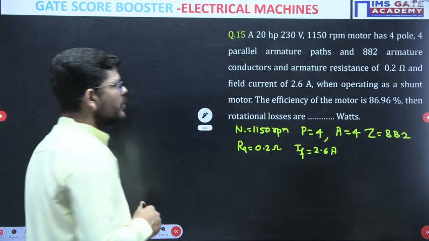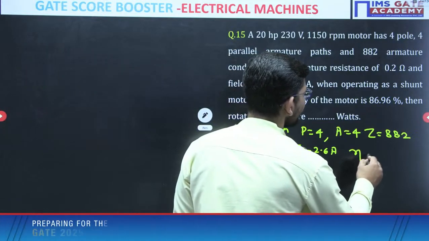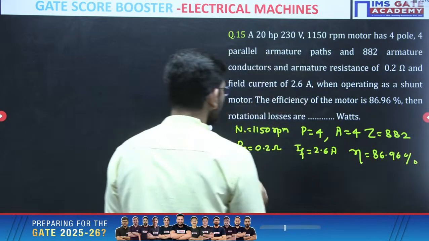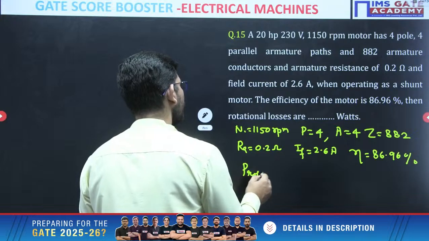So it is the shunt motor. The efficiency of the motor is given as 86.96%.